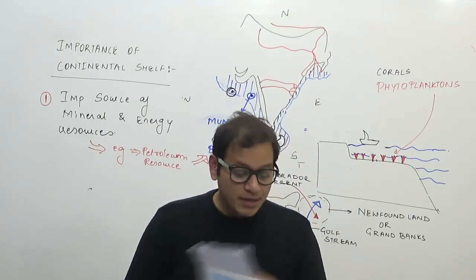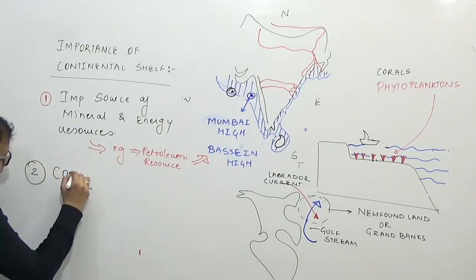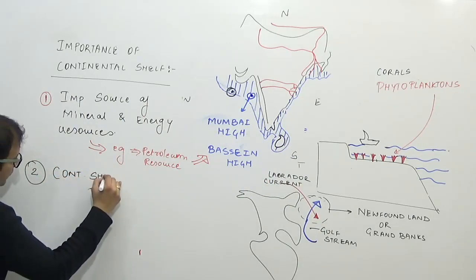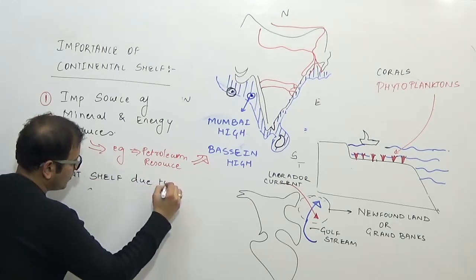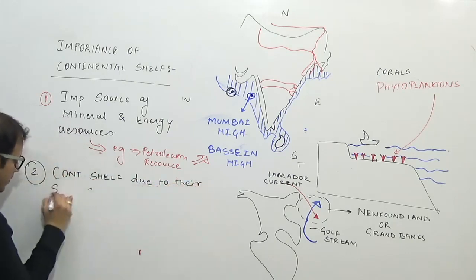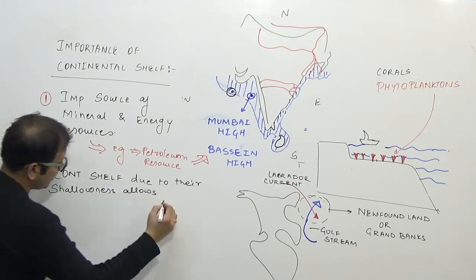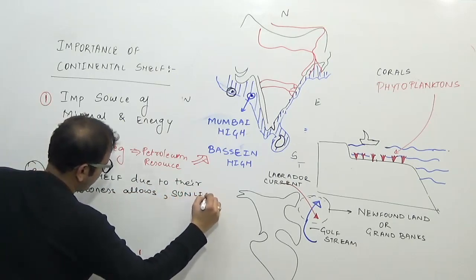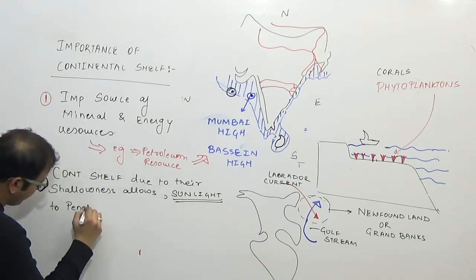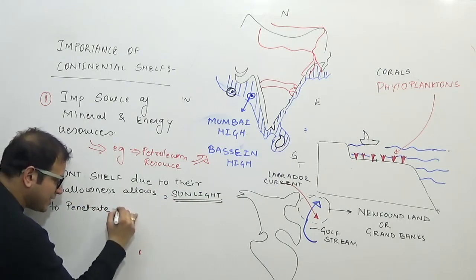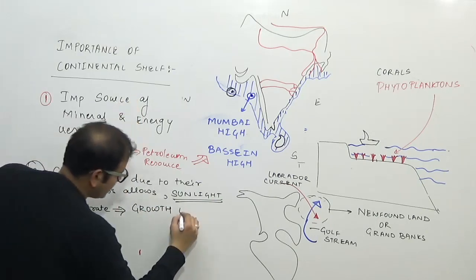So what you have to remember is the continental shelf, due to their shallowness, allows sunlight to penetrate, which results into growth of minute plants such as phytoplanktons.